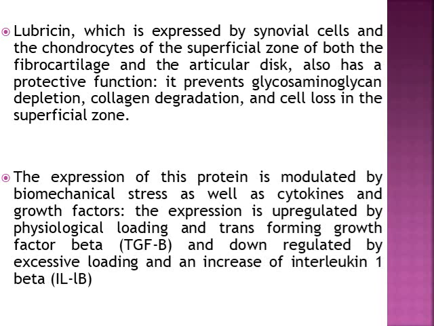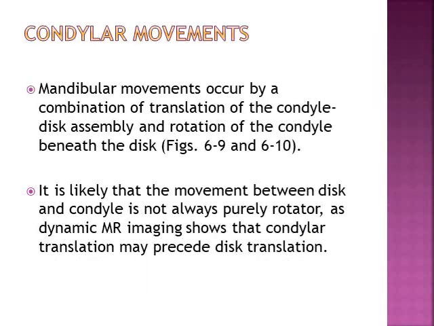The expression is upregulated by physiological loading and transforming growth factors, and downregulated by excessive loading and increased interleukin 1 beta, an inflammatory mediator. So note there is a controlling factor on the expression of this protein, lubricin. In normal physiological loading it increases; with excessive loading, like parafunctional habits, it decreases; and with inflammation it also decreases, so its protective function is lost.